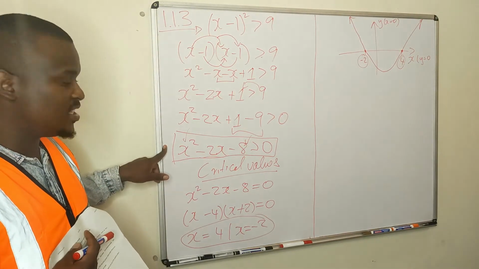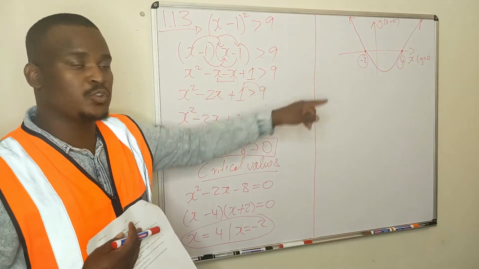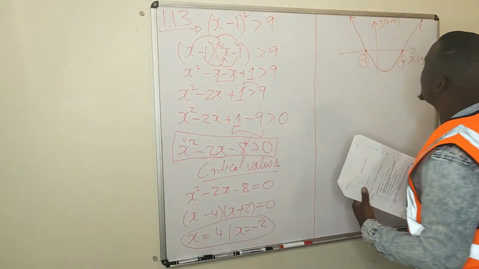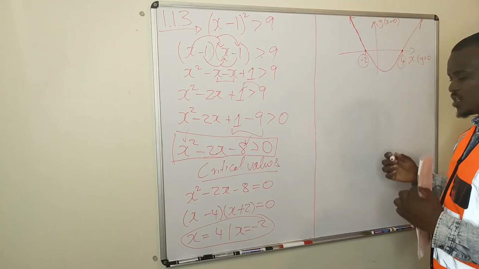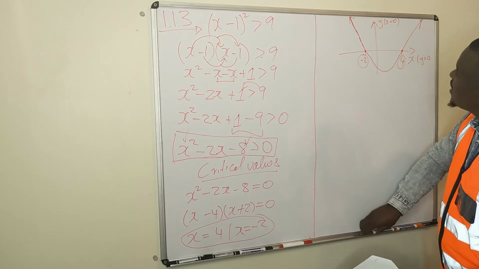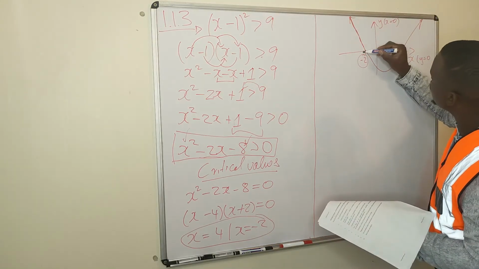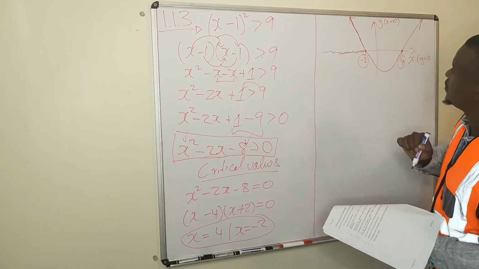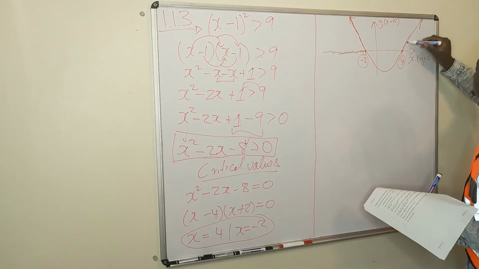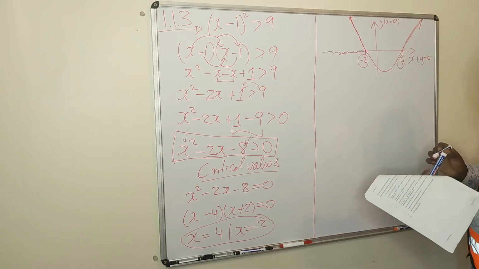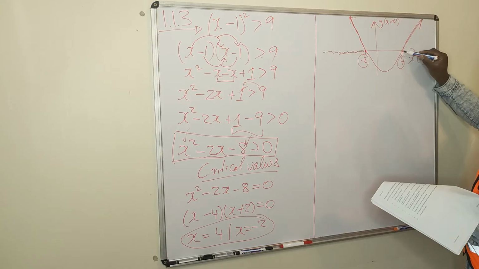My graph is positive here, right? Then what are the corresponding x values? The corresponding x values supporting the positivity of this graph are these ones here. And where else is this graph positive? It is also positive here. What are the x values supporting the positivity of my graph? It's these x values on this side.